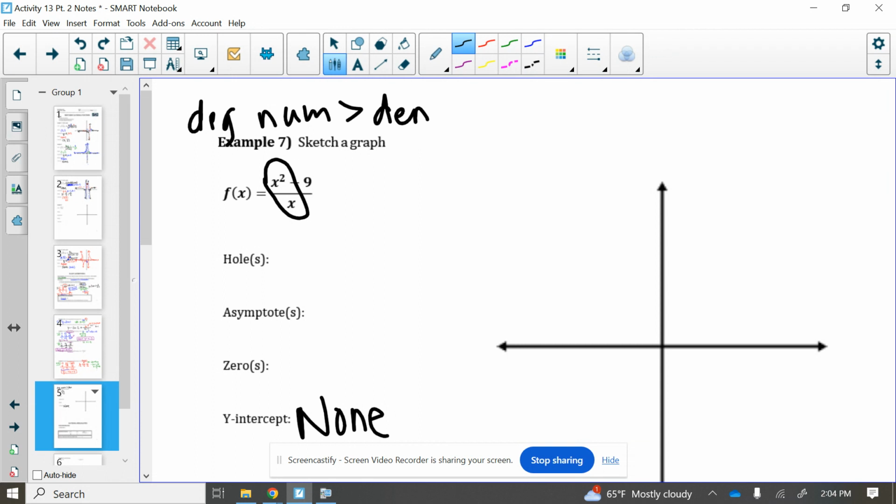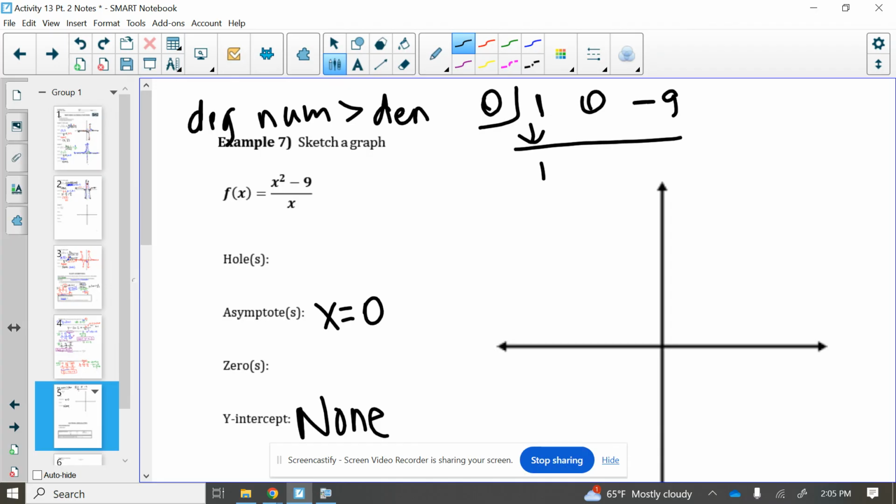Now this time, our slant asymptote we can find a couple of different ways. Option 1 is, again, using some synthetic division because we know x equals 0 is our vertical asymptote. We have 1x squared, 0x, minus 9. Bring down the 1 and multiply.